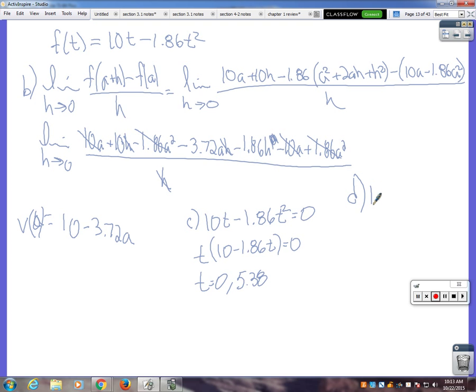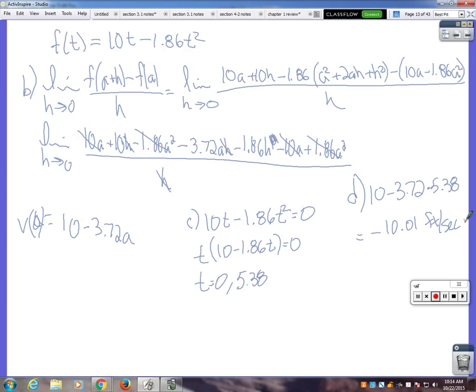So 10 minus 3.72 times 5.38. Anybody got that? Negative 10.0136. So it'll hit the ground on Mars with the velocity of negative 10.01 feet per second.